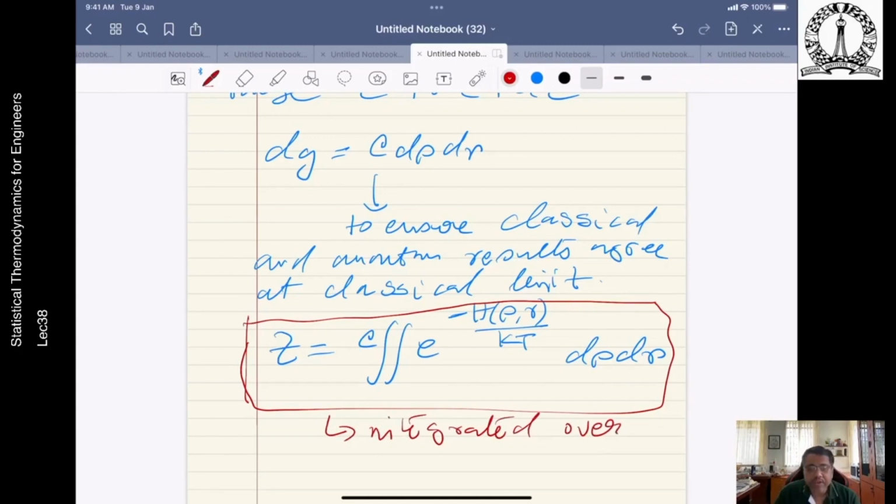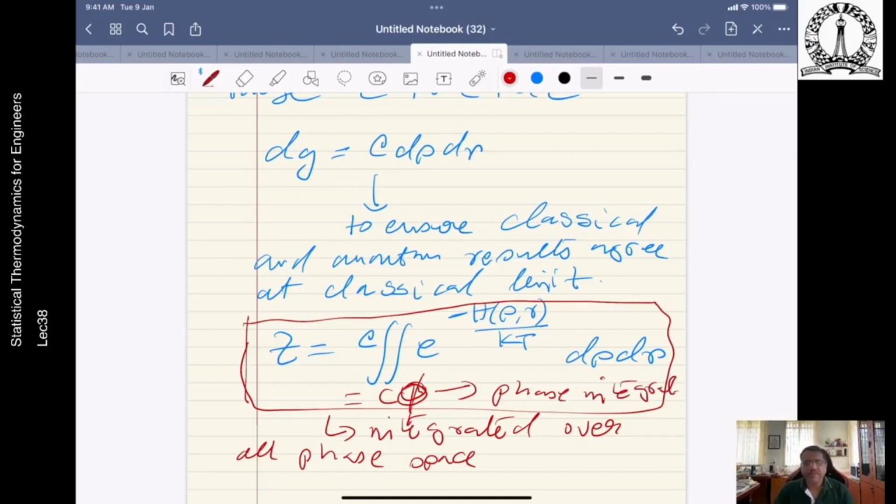This can also be written as phi, and this is called the phase integral.